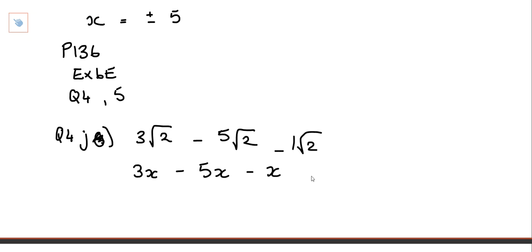Negative 3x. How? Because you've got 3 of them, take away 5 gives you negative 2. Take away another 1, negative 3. Remember that from your algebra. So we do the same thing. So this would actually end up being negative 3 root 2.